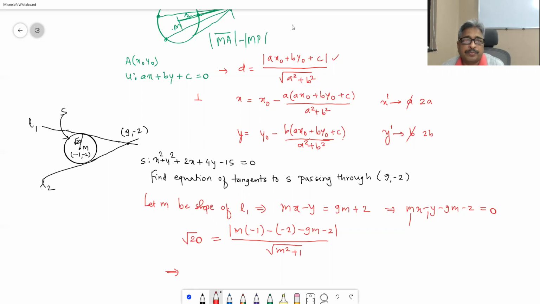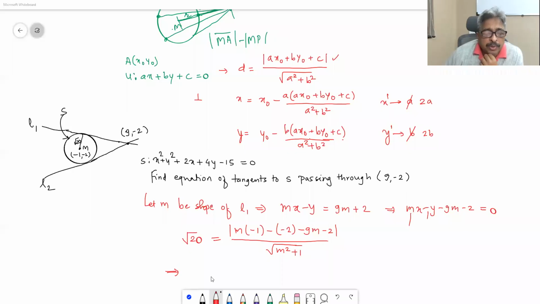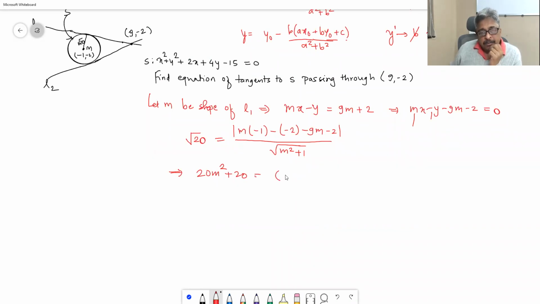The job given was to simplify and get the values of m, and that is the easiest thing that one can do. Squaring everything, we get 20m square plus 20 is equal to minus 10m square.